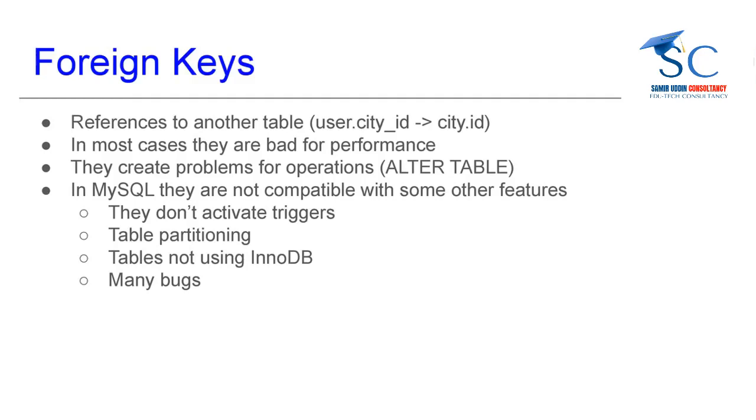If you think about it, you surely have this pattern in your database, but you don't necessarily have a foreign key. If you have it, the database will enforce that data in your database will be consistent. So it will disallow, for example, deleting a row from CT if there are users that have a reference to that particular row. Okay.